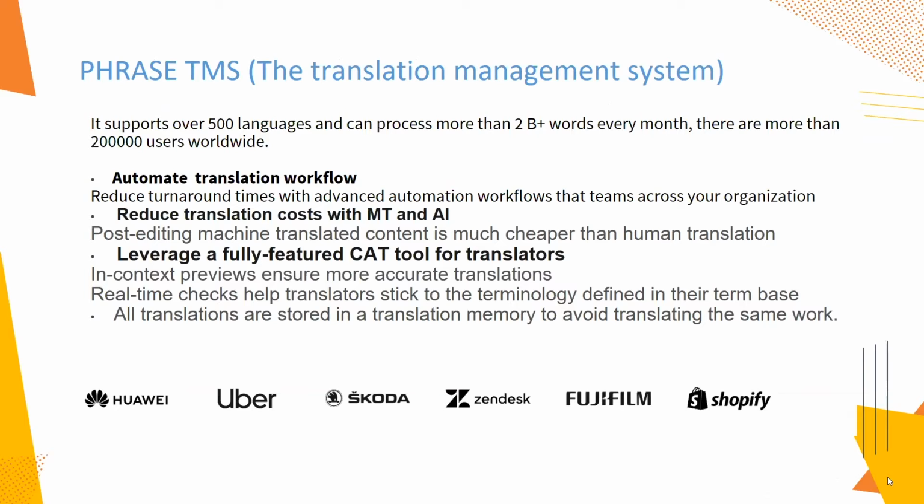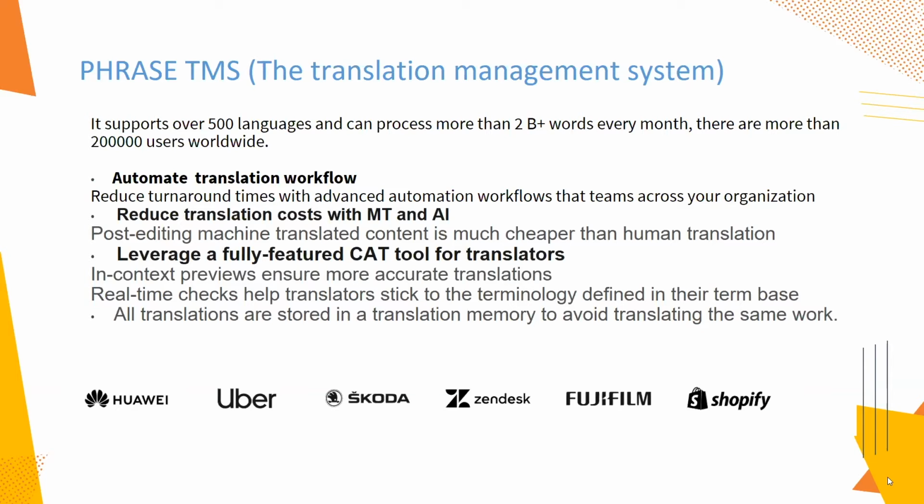Phrase Translation Management System supports over 500 languages, and it can process more than 2 billion words every month. And there are more than 200,000 users worldwide. It has a few distinguished features.